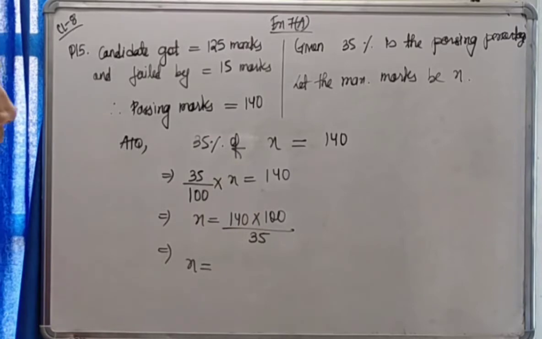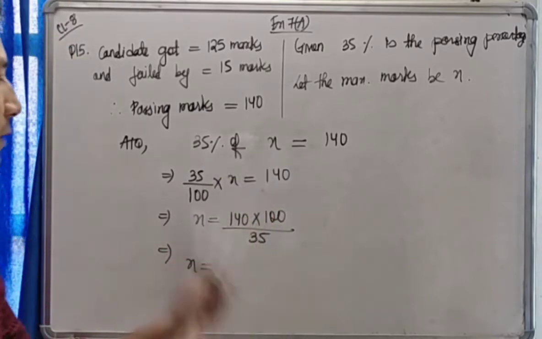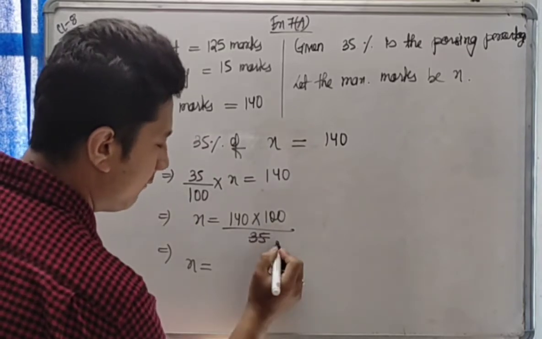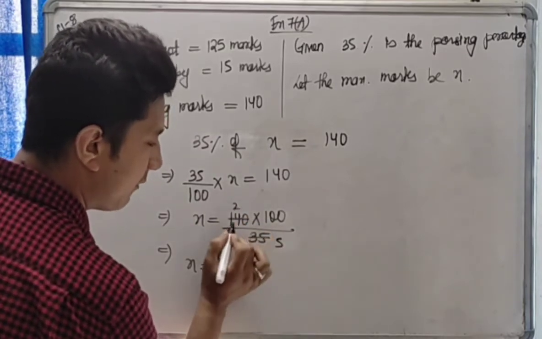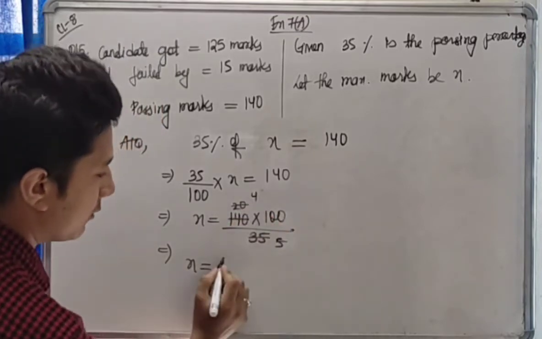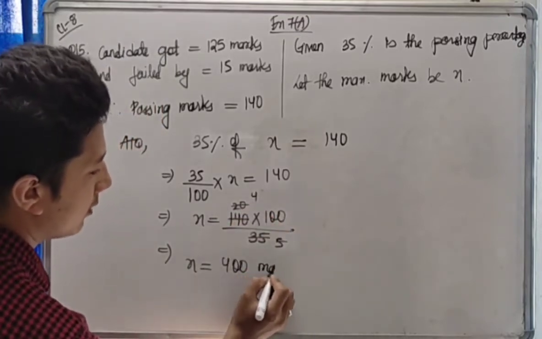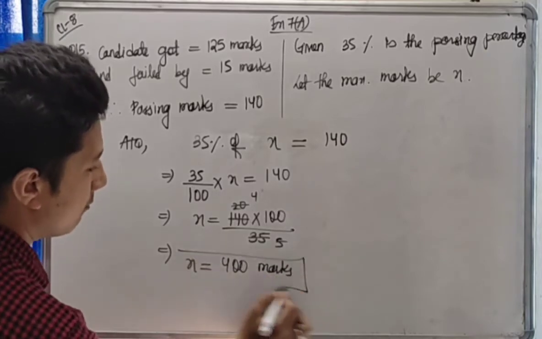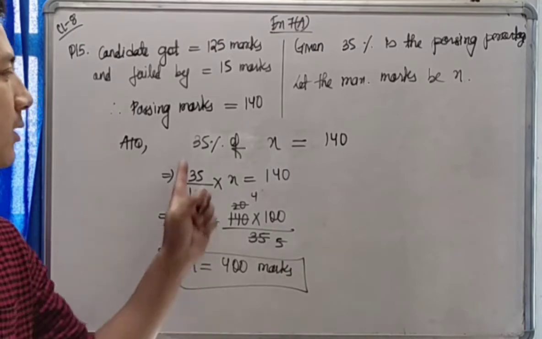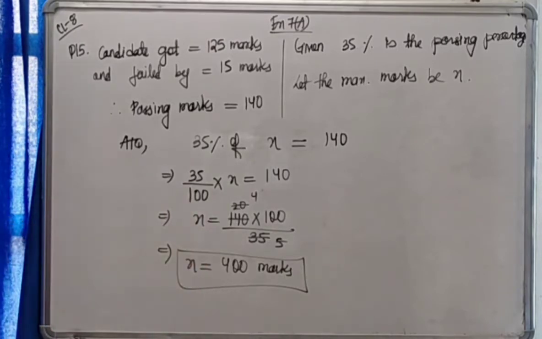So x is 140 into 100 divided by 35. It's possible with 7 5s are 35, 7 2s are 14, so 4 into 100 is 400. So 400 marks is the maximum marks, where each student must get 140, which is 35% of the maximum marks. Please note it down.